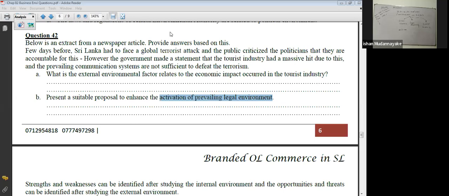Yes, I got one of the answers from Shamin. Giving proper technological knowledge for politicians. Installing CCTV cameras. Another one.